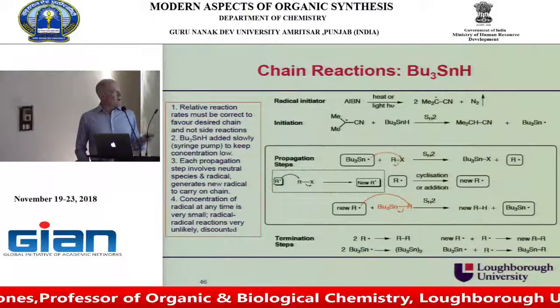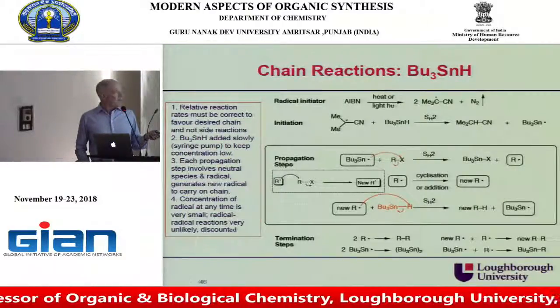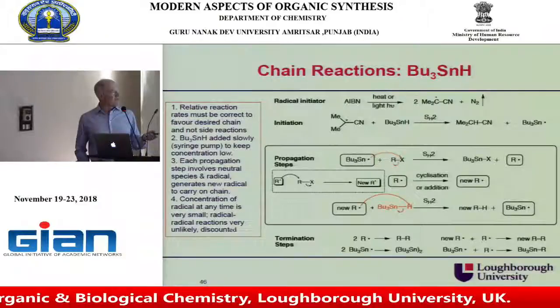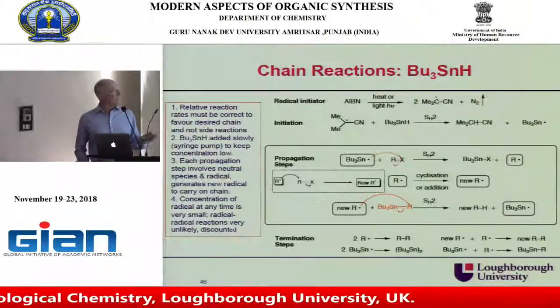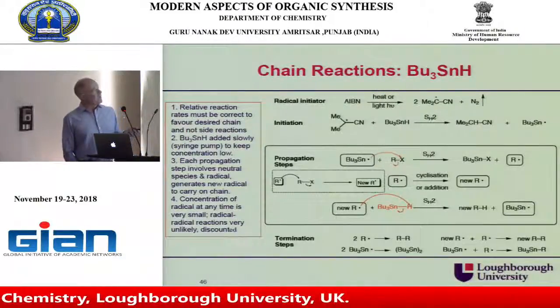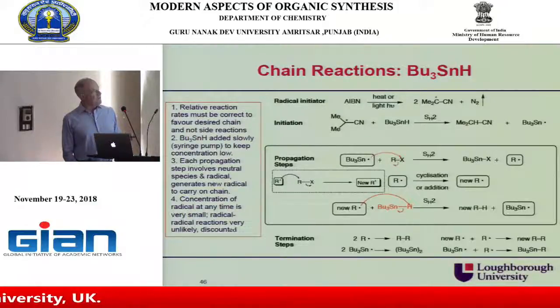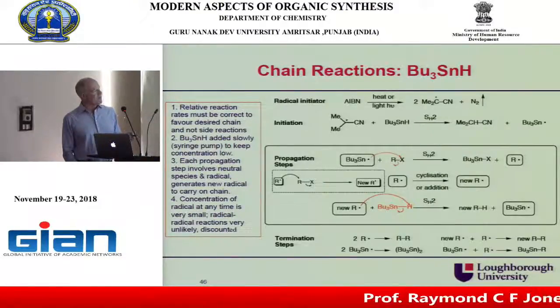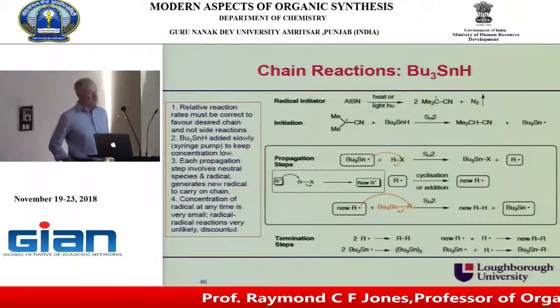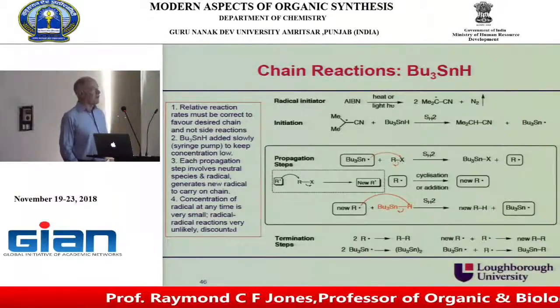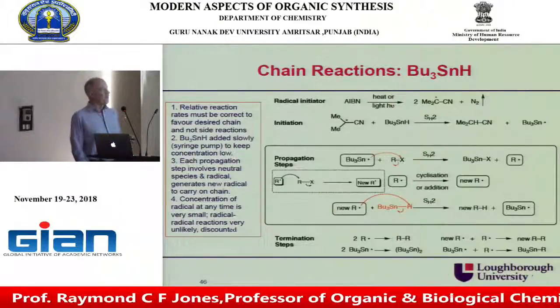So let's look at the tributyl tin hydride. This is the reaction from the last slide. This bit was missing, I don't know why. So there's the initiation again, focusing on the AIBN. You don't use much of it, a little bit of AIBN, and tributyl tin hydride produces this tributyl tin radical that sets the reaction going. So what does that do?